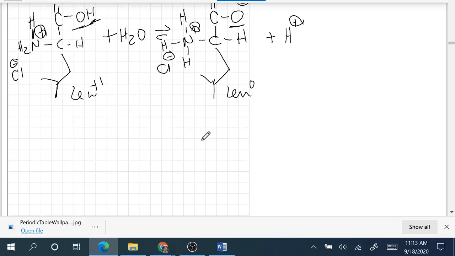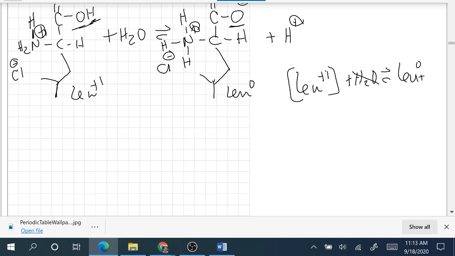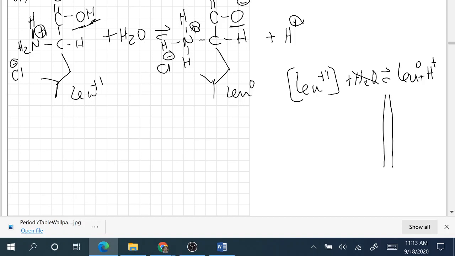So if we make an ice table, we have LEU plus 1 reacting with water, which is a liquid, so we don't consider it, and it's going to form LEU0 plus H plus. So this is a weak acid, so we can just make an ice table to determine the reactivity and get our hydrogen ion concentration from that, and therefore we can calculate the pH.